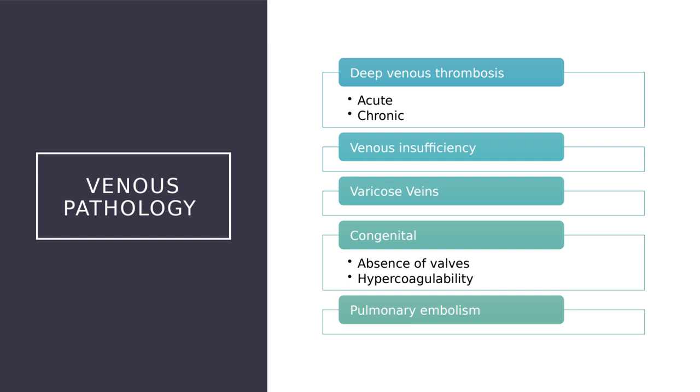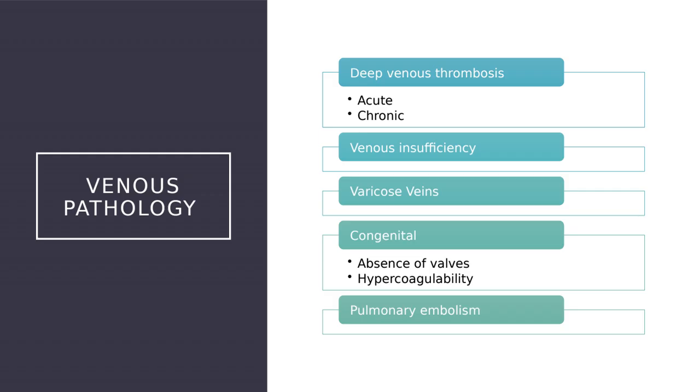Those are less likely to embolize. So although they're more long-term and present their own set of complications, the risk of them embolizing is a lot lower than with an acute one. An acute one, it's new. It's not fully established. It hasn't really made itself at home yet in the vein, so it can very easily dislodge and embolize further up into the system.